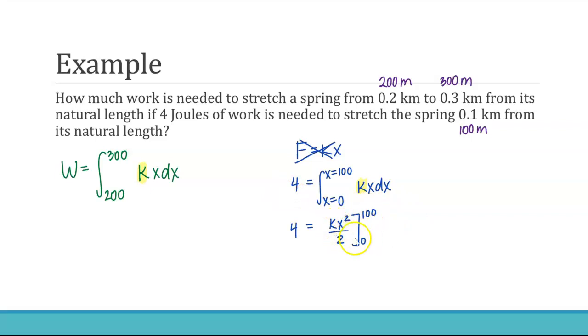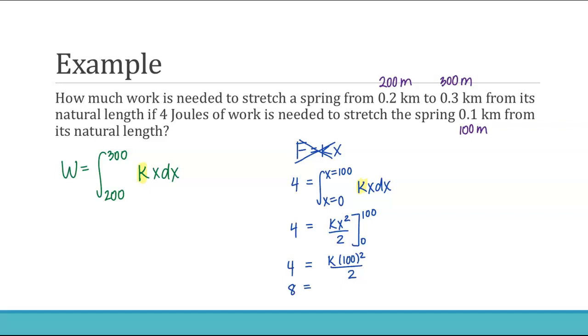And then if I plug in 100 and 0, well, 0 is going to make that term disappear. So just plugging in 100, I'm going to get k times 100 squared over 2 is equal to 4. If I multiply by 2, I'm going to end up with 8.